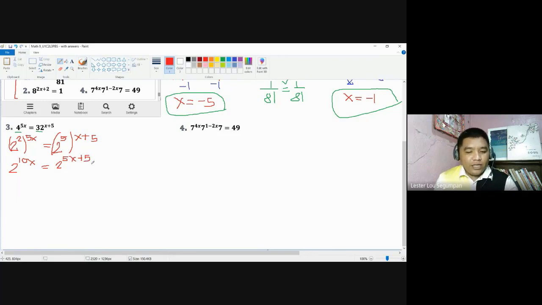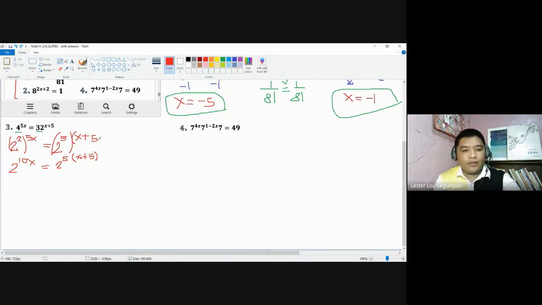Why? Because it should look like this. You have 5 times the quantity x plus 5. It should look like this, plus 5. Because the whole value of 32 is raised to the power of x plus 5. It's not like only the exponent 5 here. It should be like this anyway.